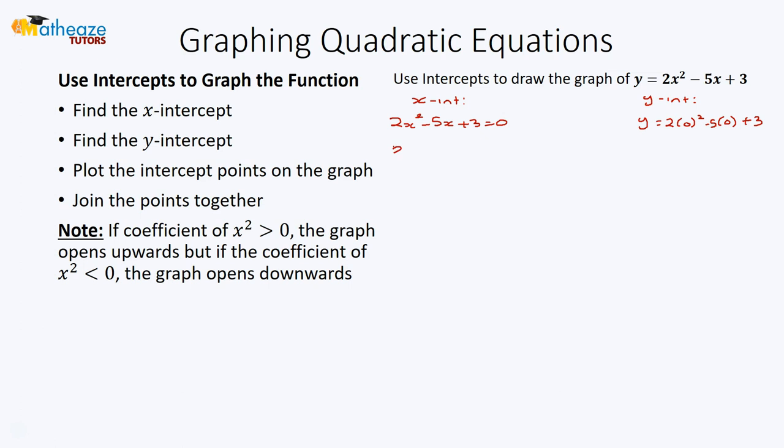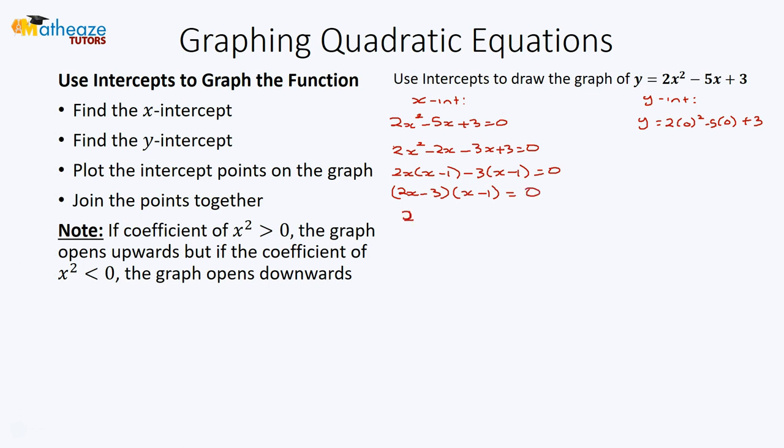So this is 2x squared minus 2x minus 3x plus 3 equal to 0. So we have 2x, x minus 1, minus 3, x minus 1 equal to 0. So we have 2x minus 3, and then x minus 1 equal to 0.